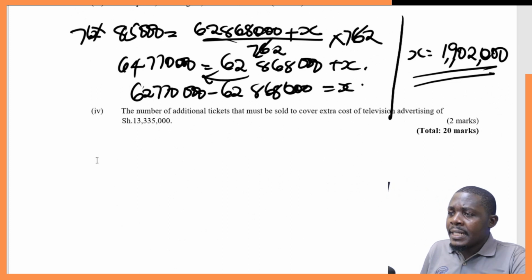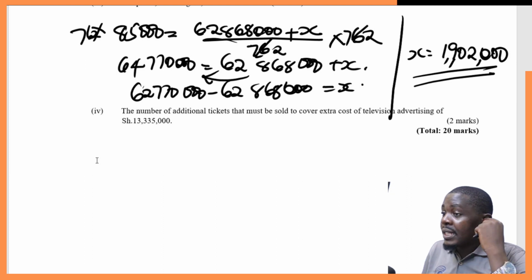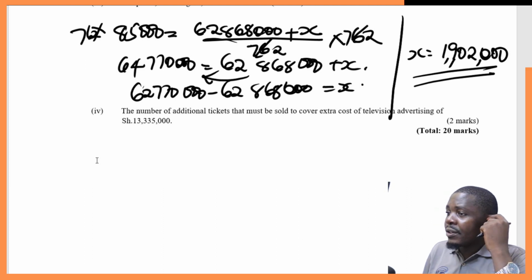Then lastly, the number of additional tickets that must be sold to cover extra cost, the extra cost of television advertising.